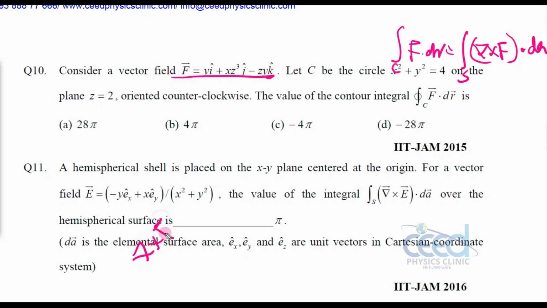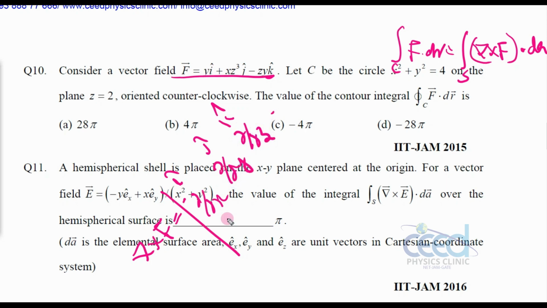Del cross f can be written as the determinant with i cap, j cap, k cap, then del by del x, del by del y, del by del z, and the components of f are y, xz cubed minus zy.